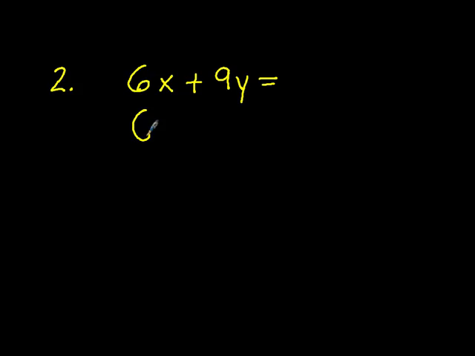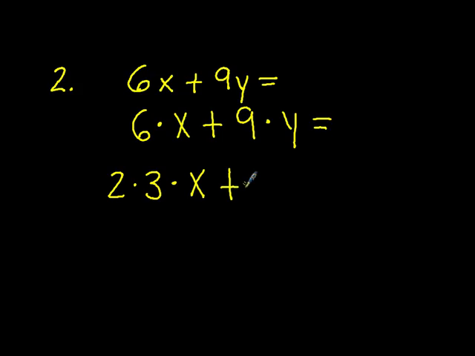Well, here's a partial expansion. 6 times x plus 9 times y. But we also need to further factor out our 6 and our 9. So we have 2 times 3 times x plus 3 times 3 times y equals. So what is the GCF in problem 2? Well, the greatest common factor in this case is 3.